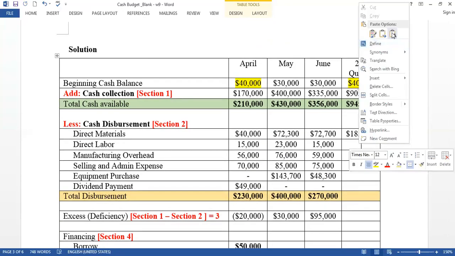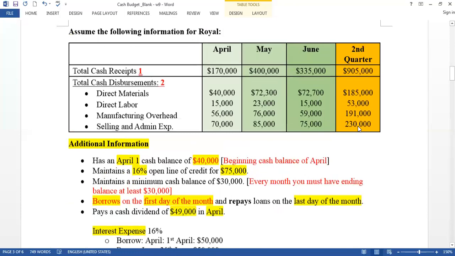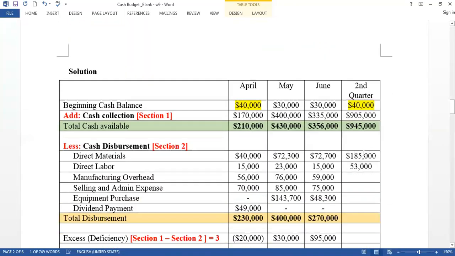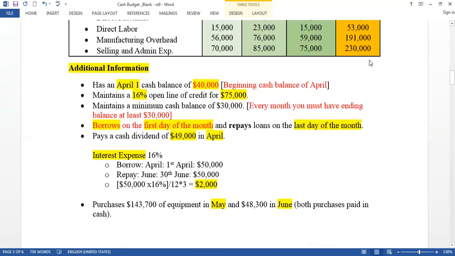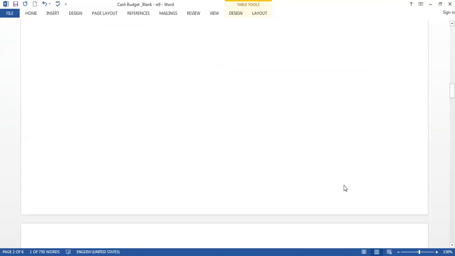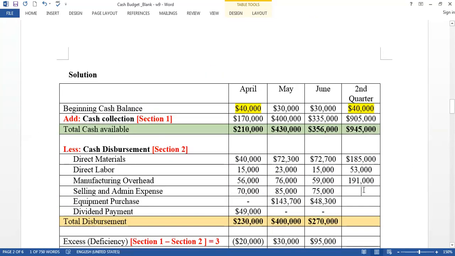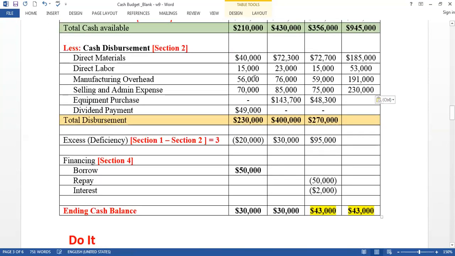Then manufacturing overhead, $191,000. Then selling and admin, something like this. You can see that if you add these 3, if you add all these numbers, understand?